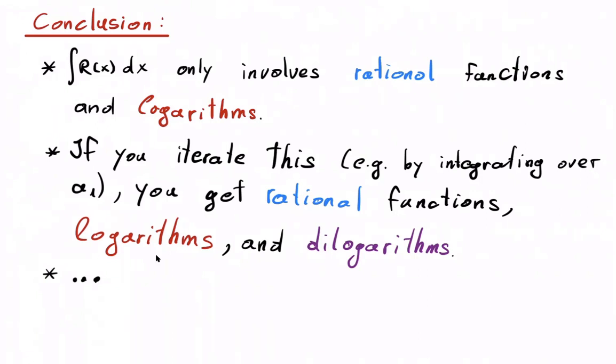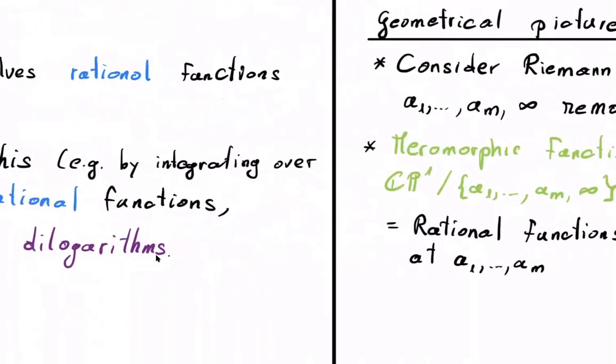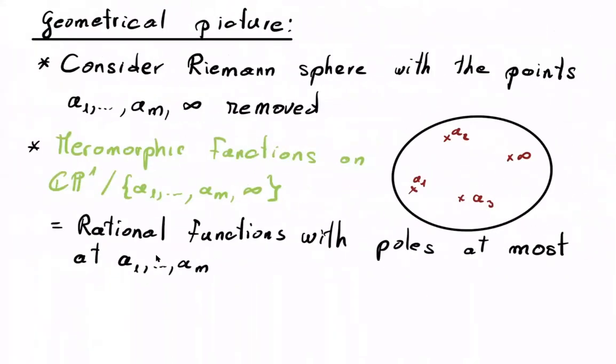So in general, you can think of polylogarithms as arising from a geometric situation where you have a Riemann sphere, that's the complex plane, and you mark some points, or you can also say you remove them. And you ask yourself, okay, what are the meromorphic functions on this sphere where you remove some points? Well, those are the rational functions with poles at most at these places.